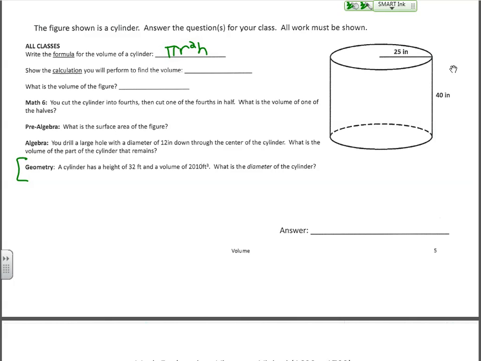So you are taking this volume formula, and I'm giving you the volume. Of course, pi, even though it's written as kind of like a symbol, it does have a value. You know what that value is. And I give you the height to be 32. So you're essentially solving this equation for the radius, for r, and then using that value to find the diameter of the cylinder.